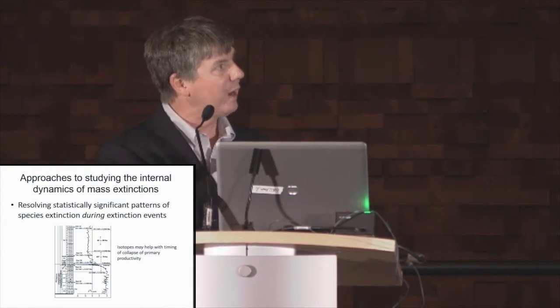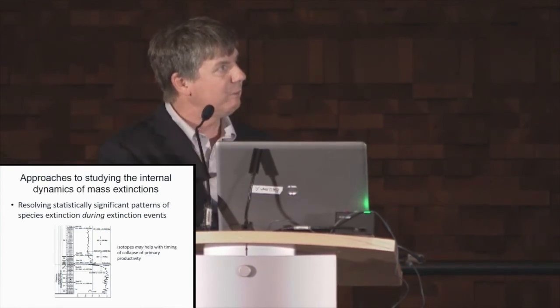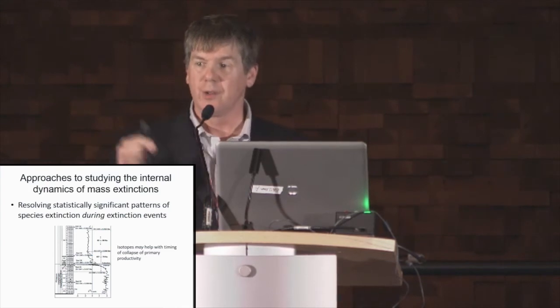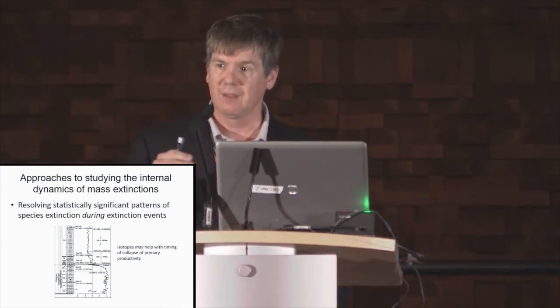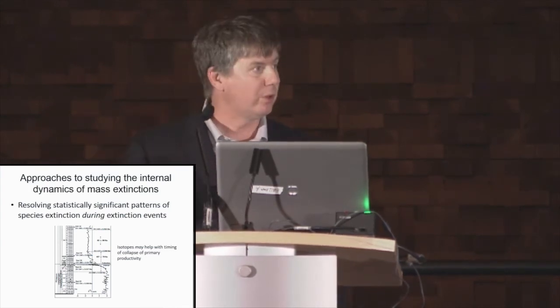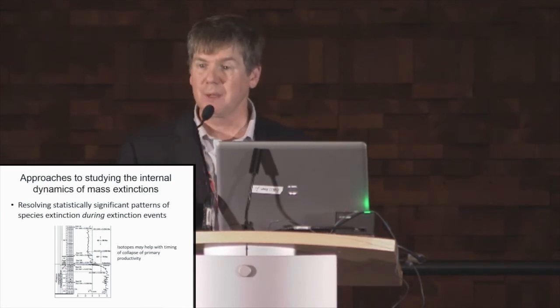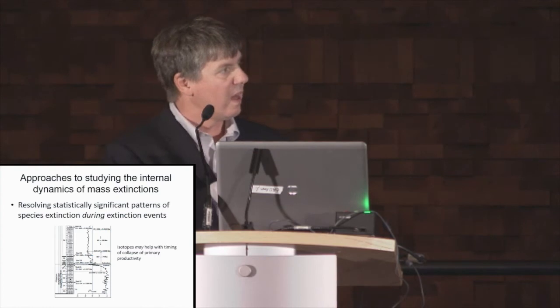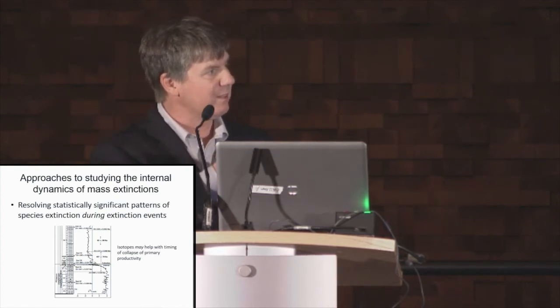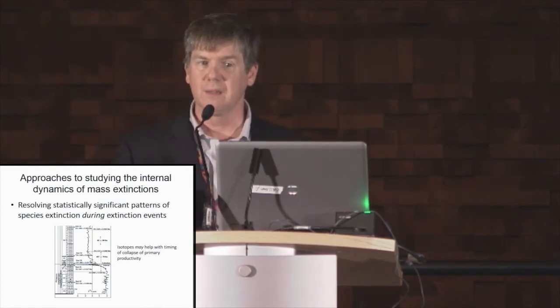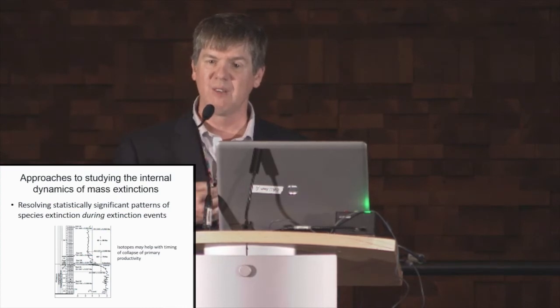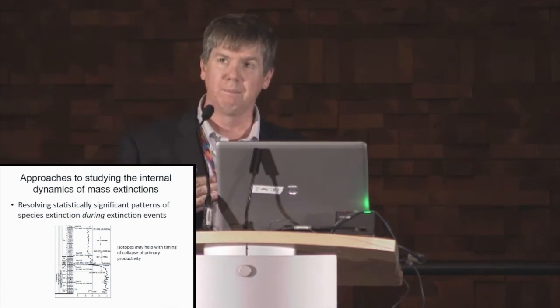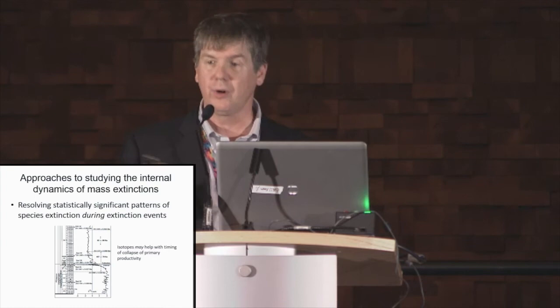The first is trying to resolve the significant patterns of species extinction during the events themselves, rather than simply comparing before and after. Isotopic approaches, I think, will help with this, particularly in highly expanded sections. This is, again, a graph of the Meishan section. In southern China, at a place called Panglitan, we have a vastly thicker section.